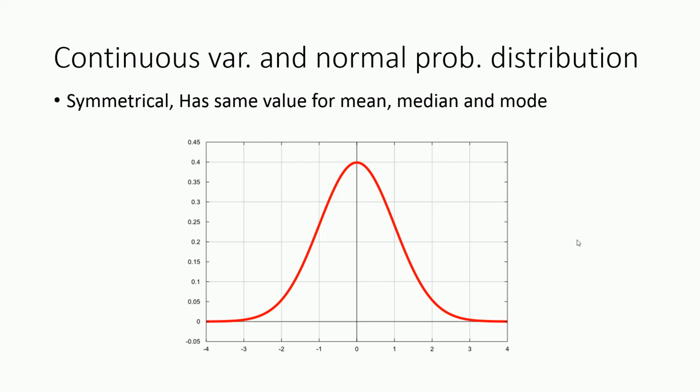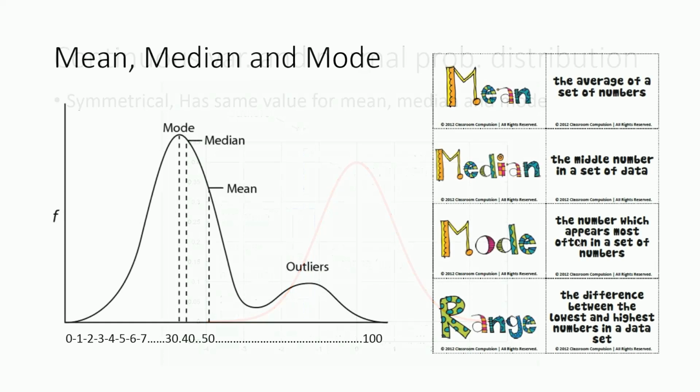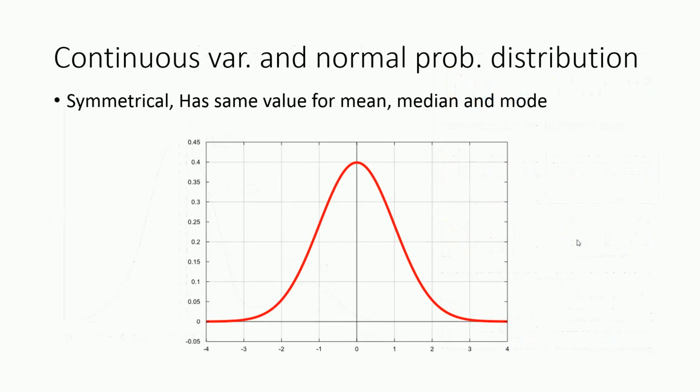So let's move on to the next slide. The other way to represent a continuous variable, so by the way, up till now we were representing the continuous variables, and having a look at these different measures of central tendency and the spread for the continuous variables.